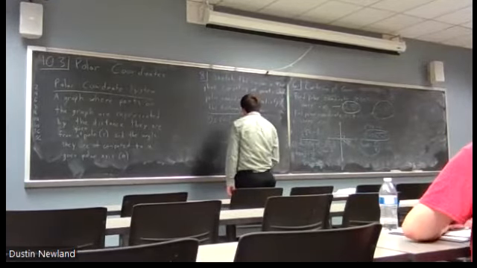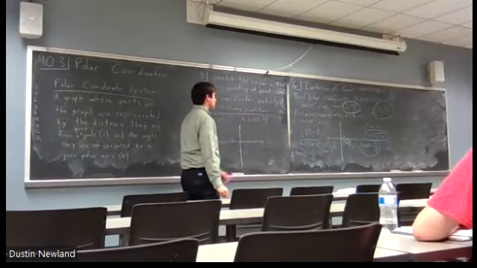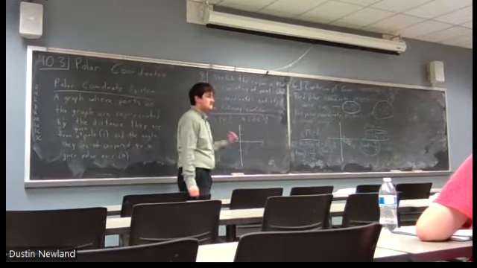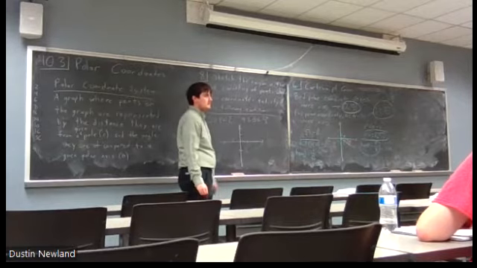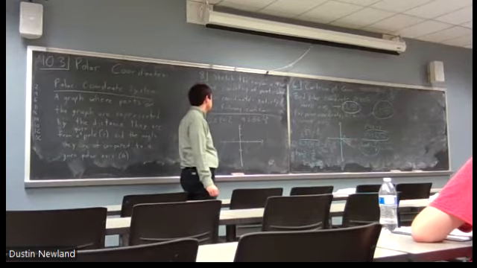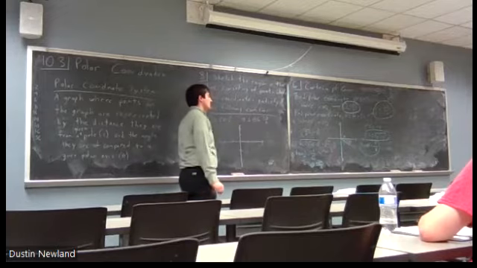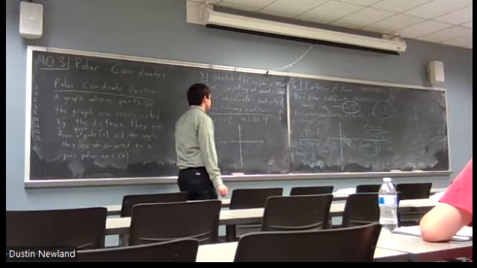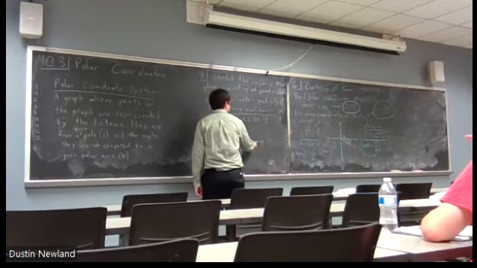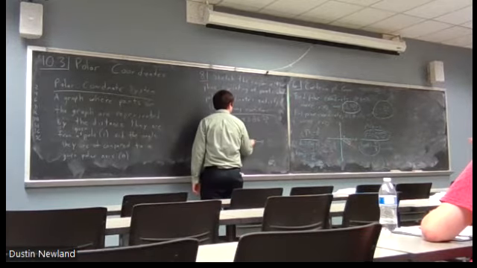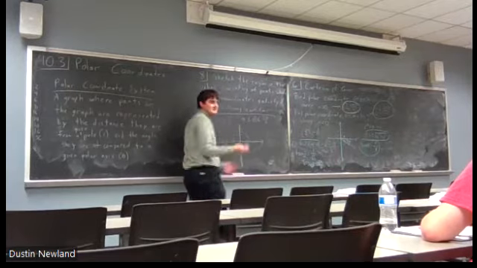On this picture, again, if we assume our polar axis is the positive x-axis, where is my angle pi going to be? Where's this angle? Yeah, it's just the left side, right?